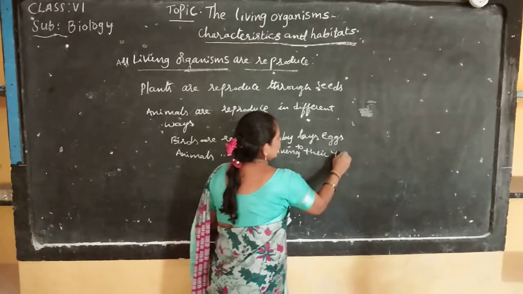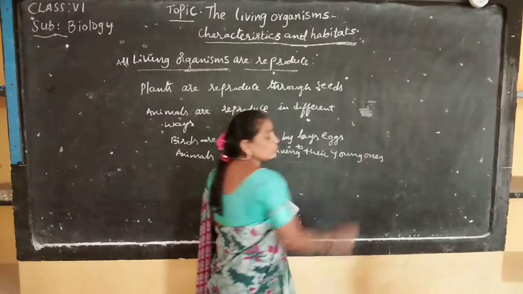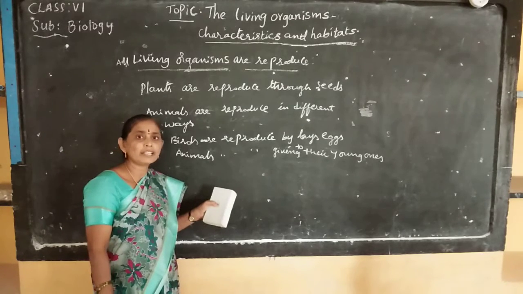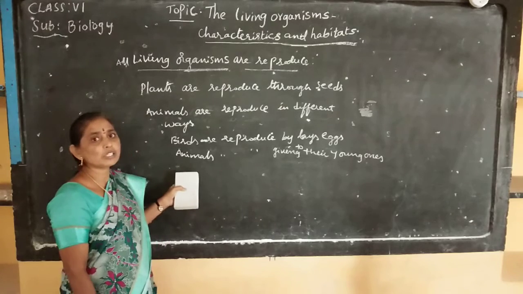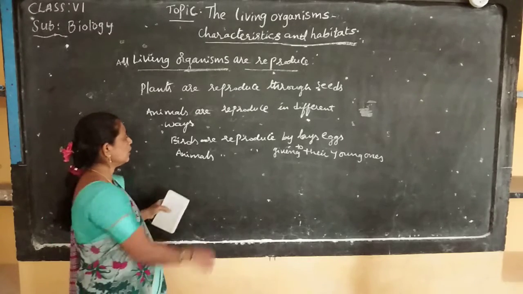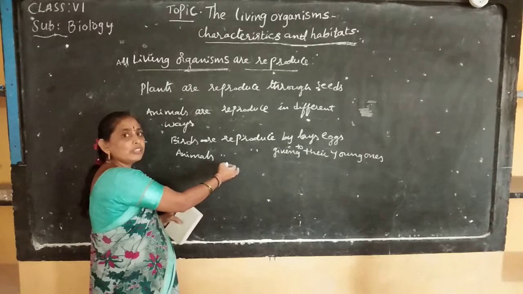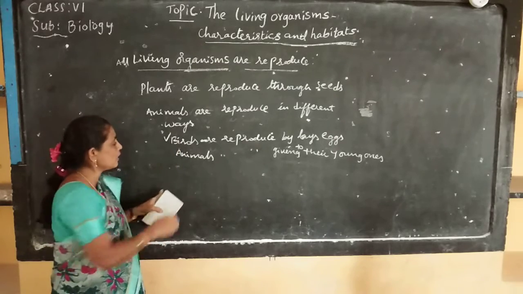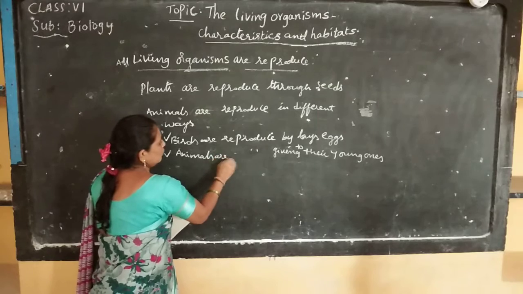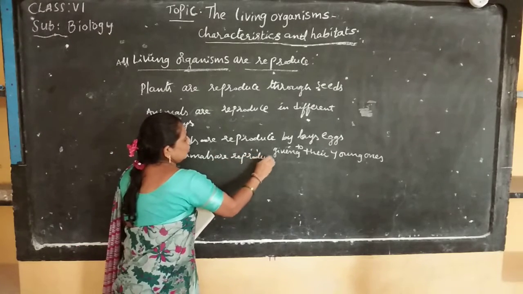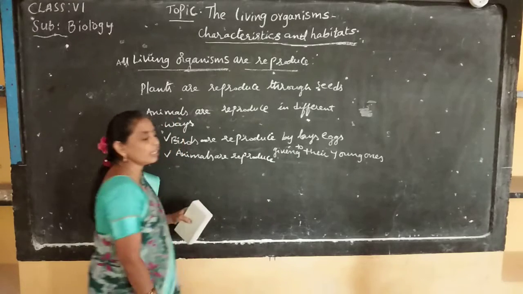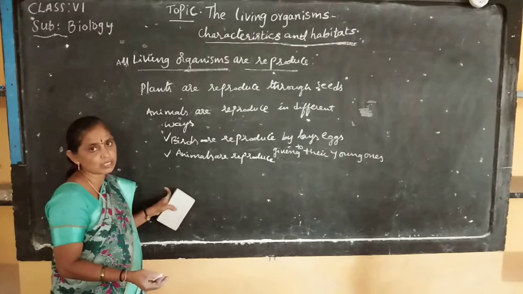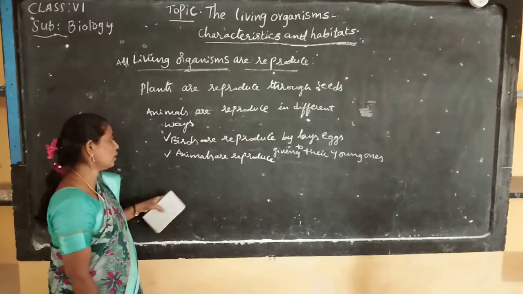You already know a pigeon's young one is known as a squab, a dog's young one is known as a pup, and humans also give birth to their young ones. Different animals give rise to their own species. Reproduction is very important for increasing their own species from one generation to another.